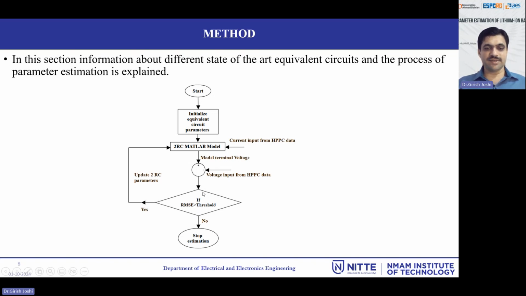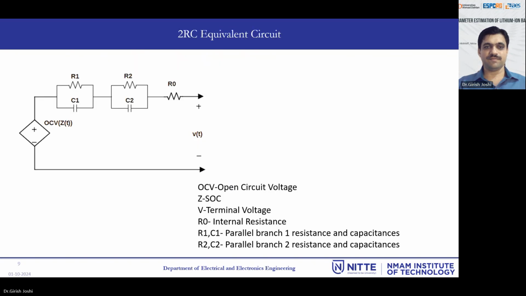Once this happens, the estimation process will stop, and the estimated parameters of the resistances, capacitances, open circuit voltage, and the corresponding SOCs get saved in the workspace. So these can be accessed for our use. This is the process involved in the parameter estimation.